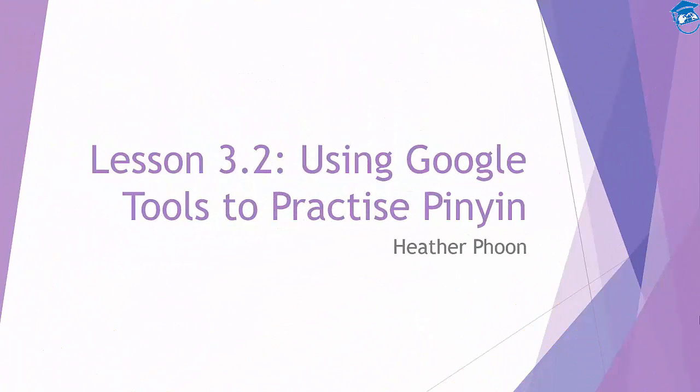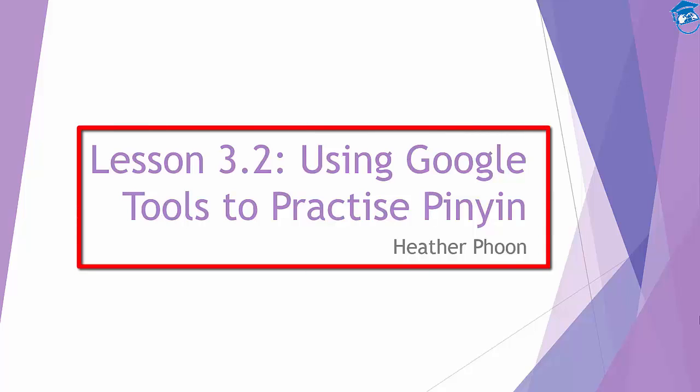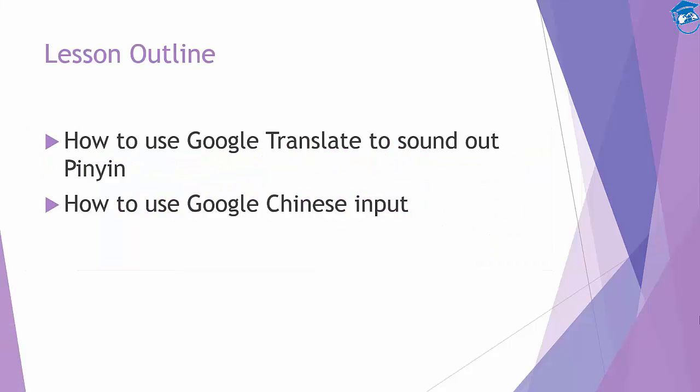Welcome back and thanks for watching lesson 3.2, using Google Tools to practice pinyin. This is going to be a short lesson because I'm just going to show you how you can use Google Translate to sound out the pinyin so you can practice your listening and speaking skills.